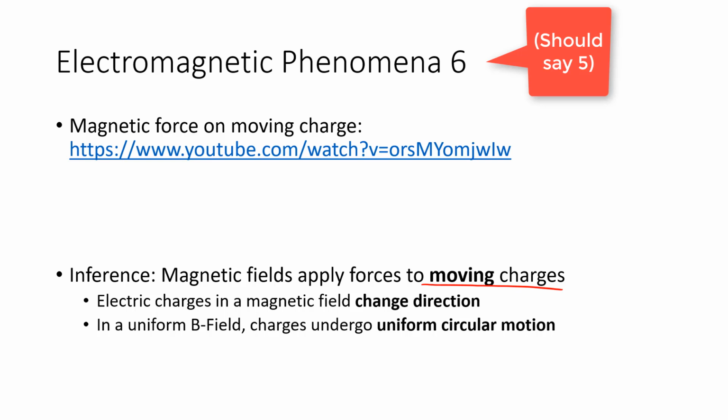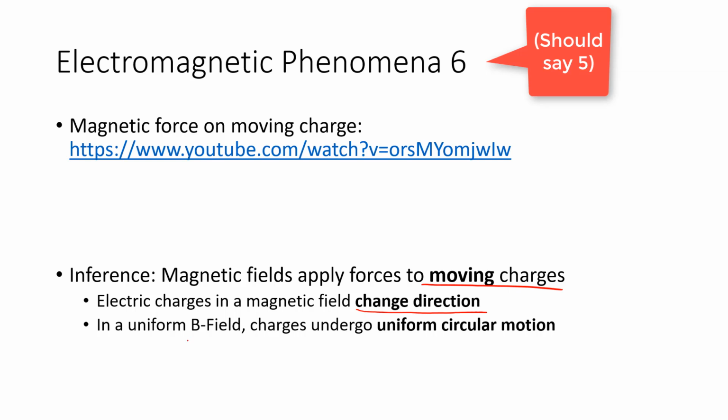The video didn't really go in depth, but if your charge isn't moving, you don't get a force. What's also interesting is that our charges in a magnetic field change direction. It causes our charges to bend, to deflect, causes that electron beam to turn.